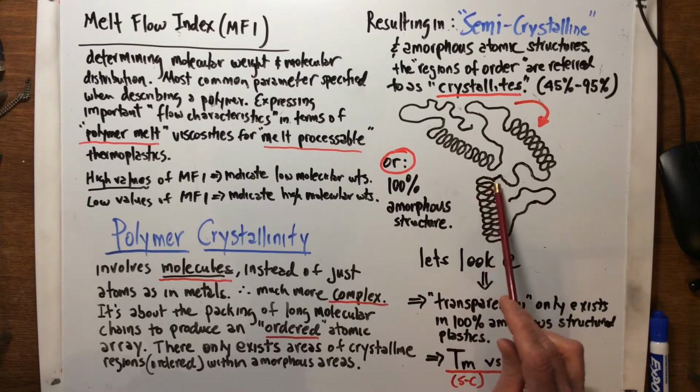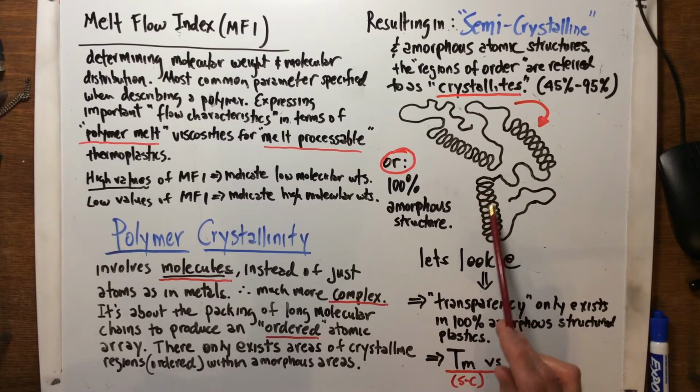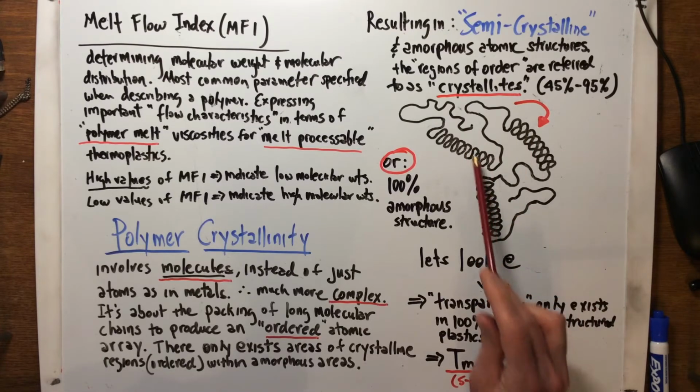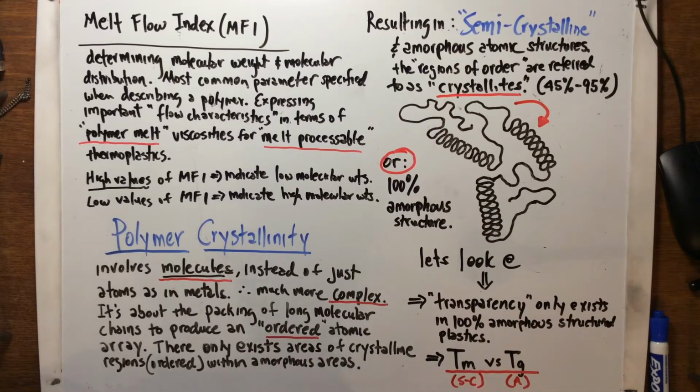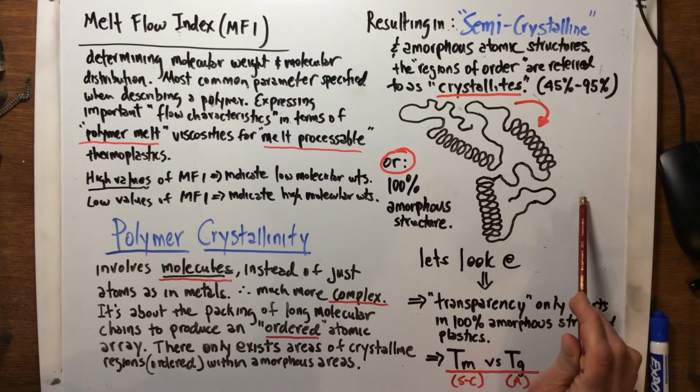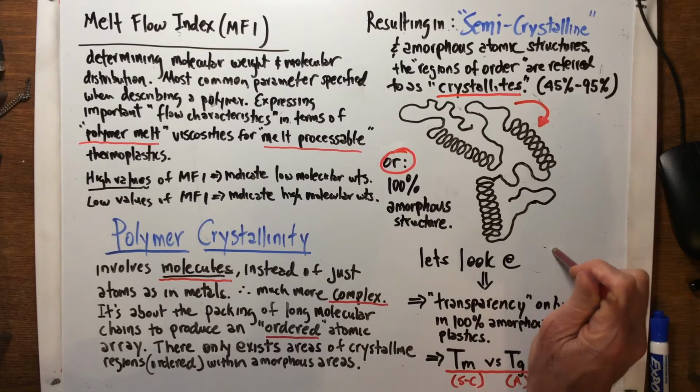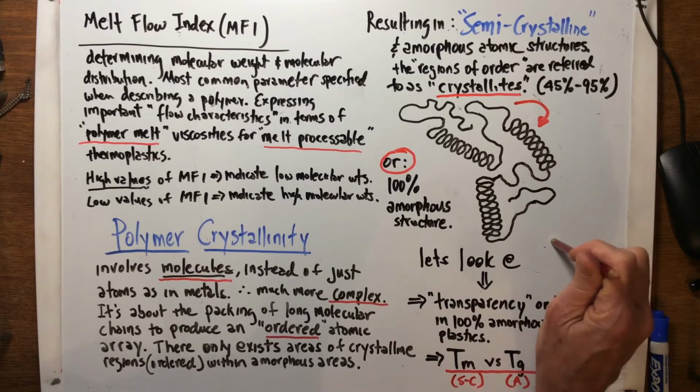And then it gets back in and starts to form this ordered region. So it's these little ordered regions that make up, and why we call it, a semi-crystalline structured polymer. So every polymer will have that, and you will need to know whether or not it's semi-crystalline or amorphous, because there are certain specific properties associated with that, which we'll go into here in a minute.